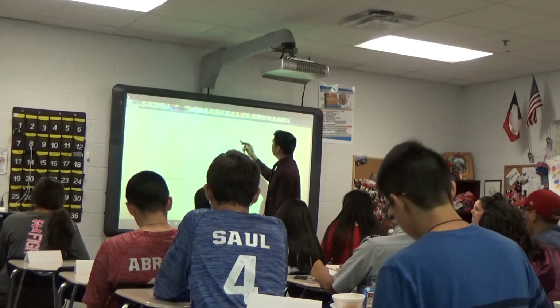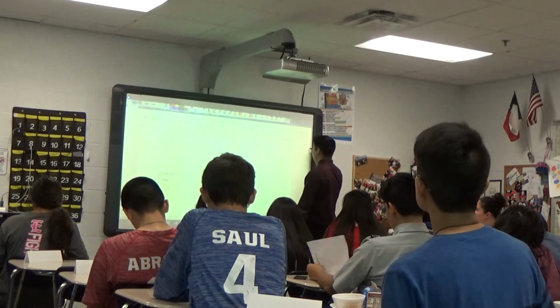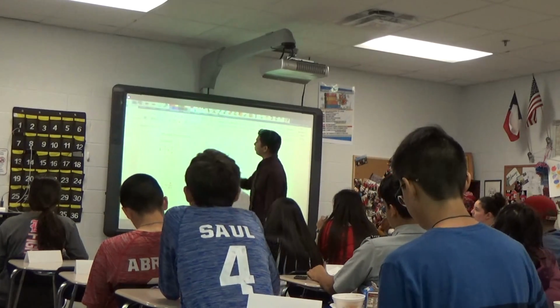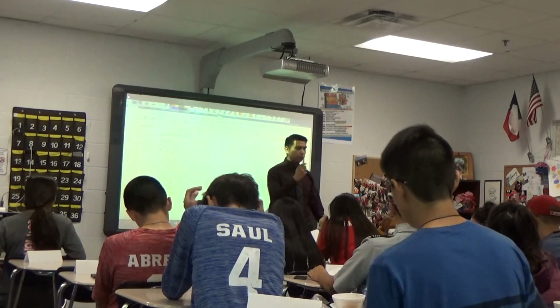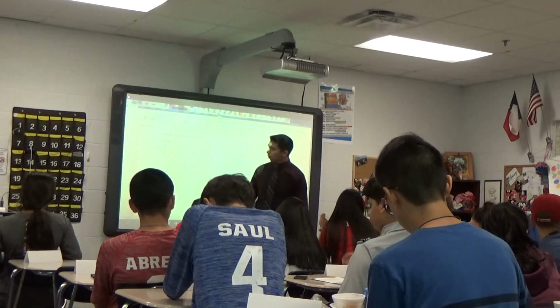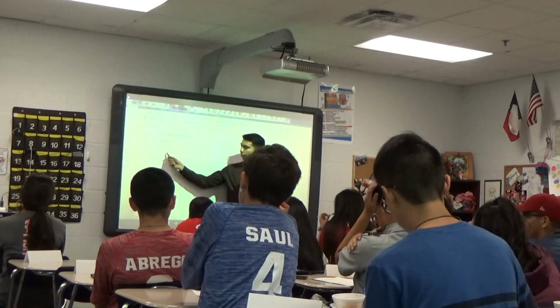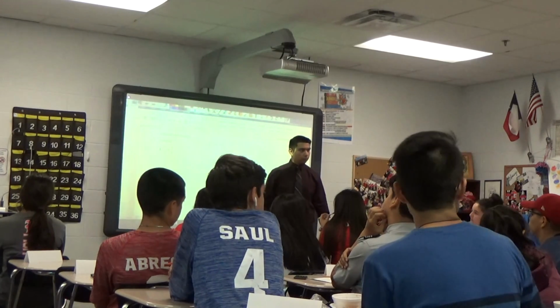Now, let's say we have different denominators. Go with Raymond. We have a problem. We're adding 2 fractions, so they have different denominators. What do we do? You gotta get the same denominator.